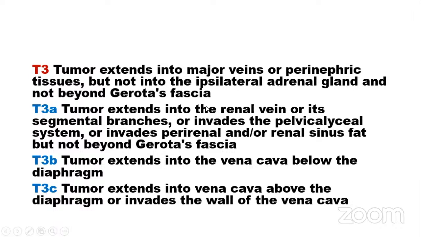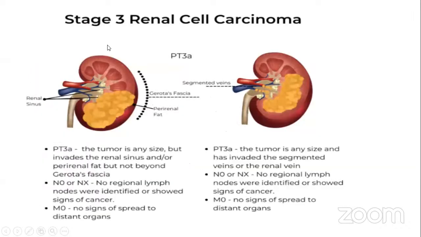T3A, the tumor extends into the renal vein or its segmental branches, or invades the pelvicalyceal system, or invades perirenal and or renal sinus fat, but not beyond Gerota's fascia. T3B, the tumor extends into the vena cava below the diaphragm. T3C, the tumor extends into the vena cava above the diaphragm or invades the wall of the IVC. This is stage 3 RCC.